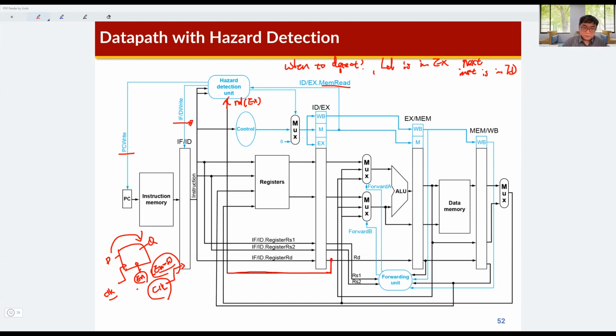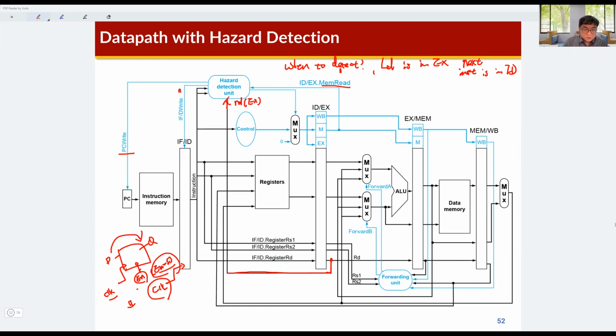So what does that mean? Actually this is equivalent to the enable signal of these D flip-flops with enable signal. What does that mean?